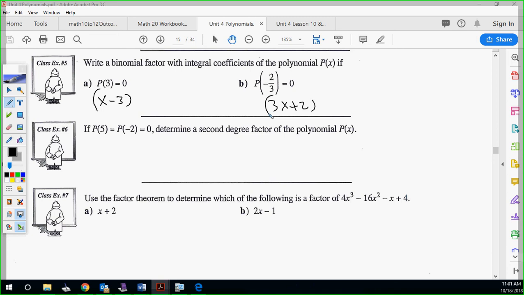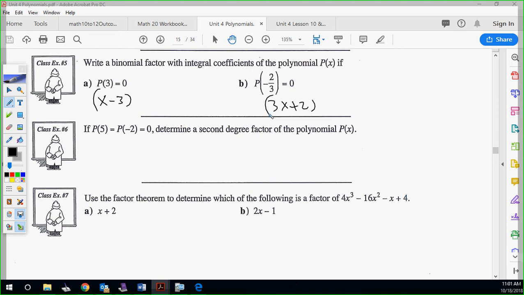Okay, we got p of 5 equals p of negative 2 equals 0. Determine a second degree factor of the polynomial p of x. So what this is saying is that, remember, if one thing equals 0, they both do, right? So this is essentially saying these are both zeros.